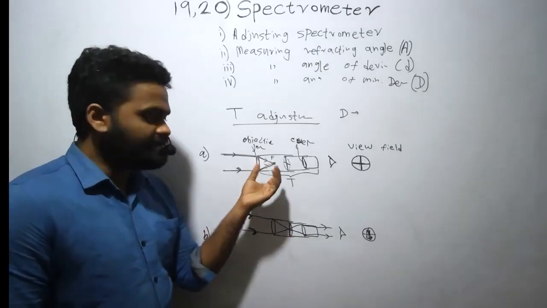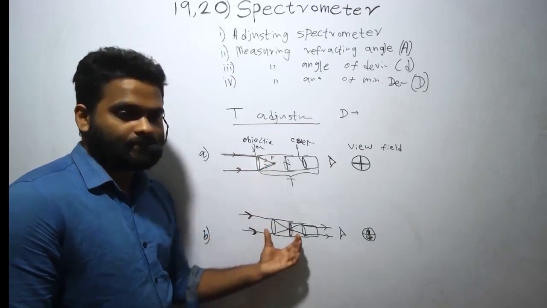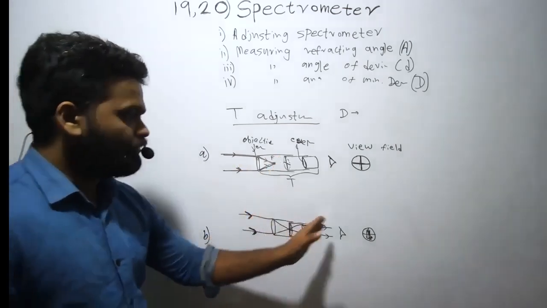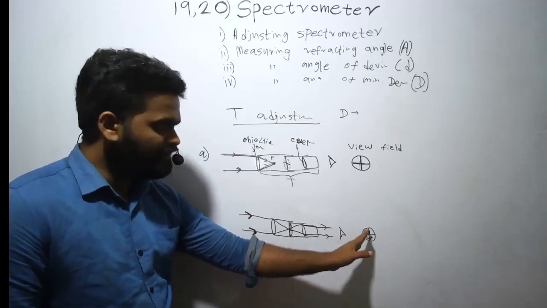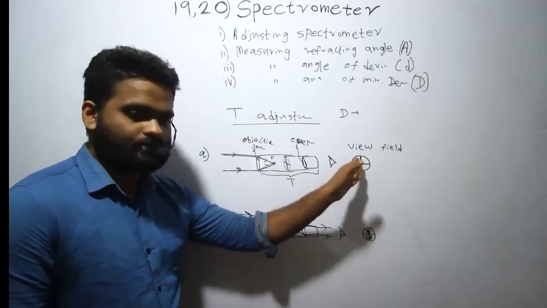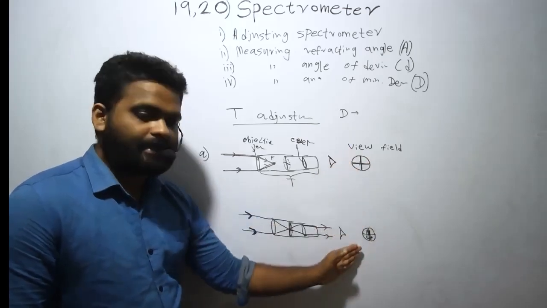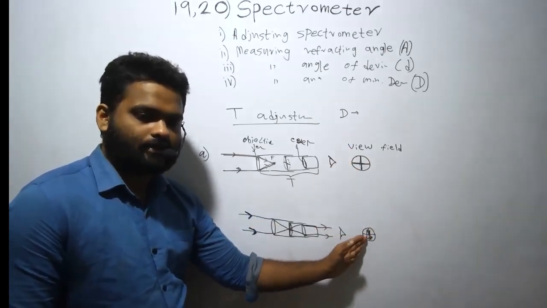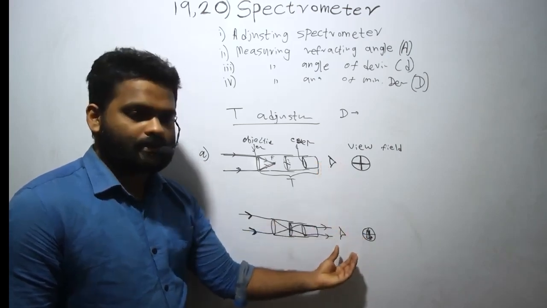So now you have to understand why we do this as the first step and this as the second step. Before taking the image onto the crosswires, you need to see the crosswires. First you need to clearly see the crosswires, then only can you take the image onto the crosswires. So these two steps should be in order.